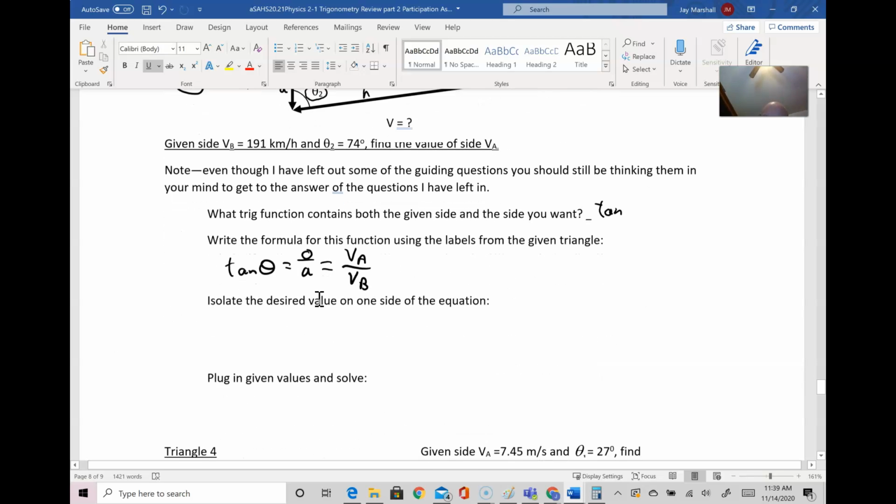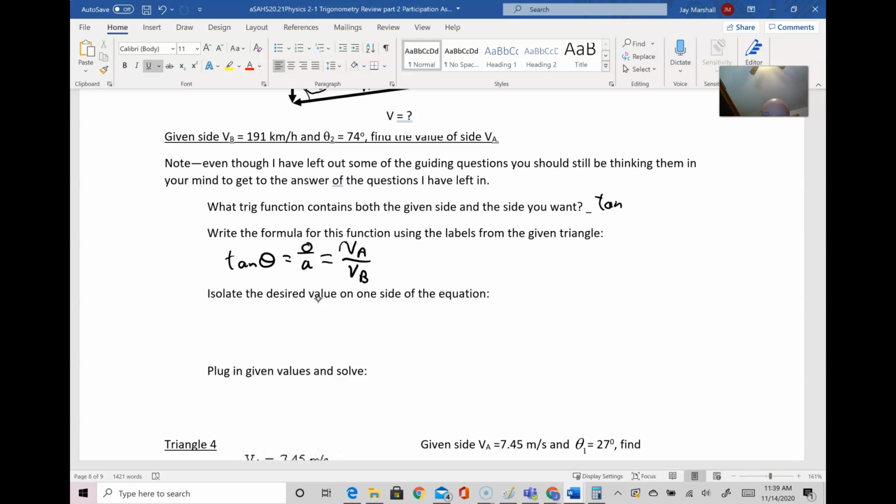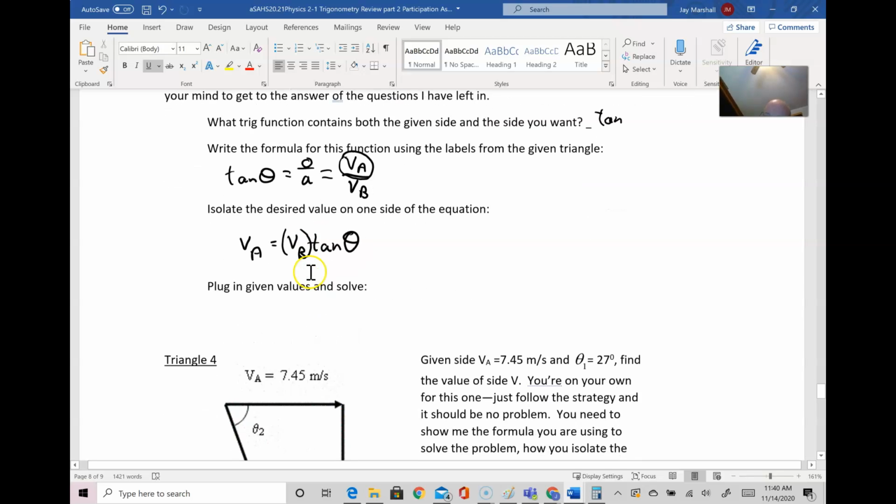Now I'm going to isolate the side that I want. I want VA, so I'm going to multiply both sides of the equation by VB, and that's going to give me VA equals VB times the tangent of theta. And then I'm just going to plug my values in and solve.